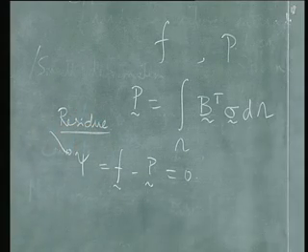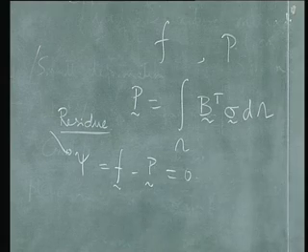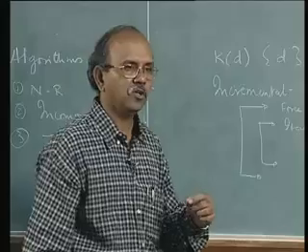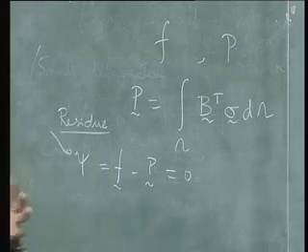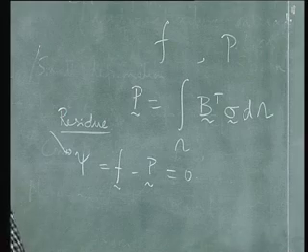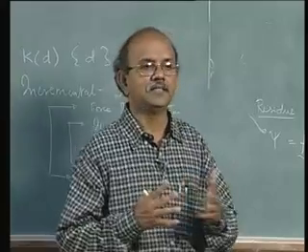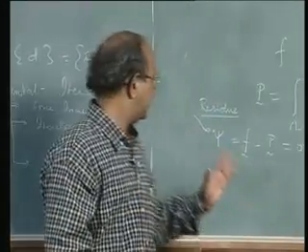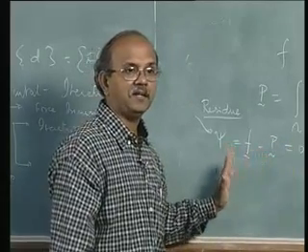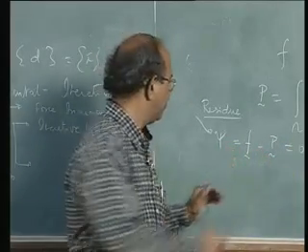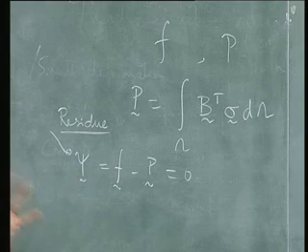The whole idea here is to make this residue go to 0, actually not 0, but to a very small quantity. What is residue? Residue is actually the error, that is the difference between what has been applied and what has been realized. So that residue has to be a very small quantity.